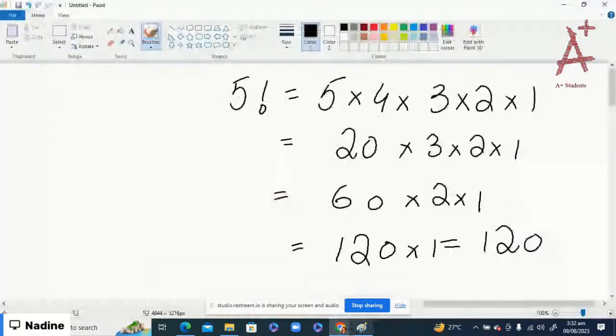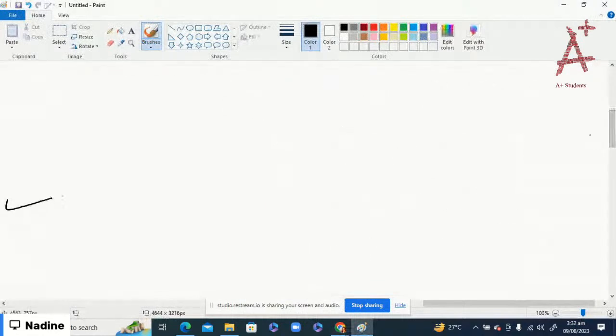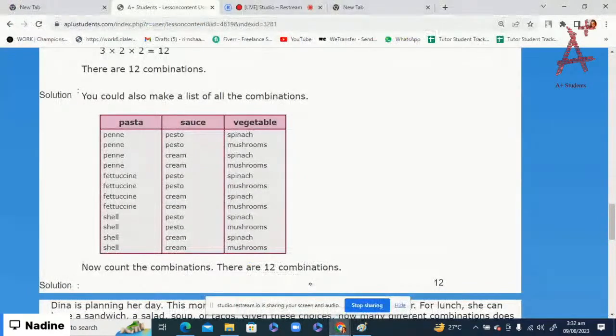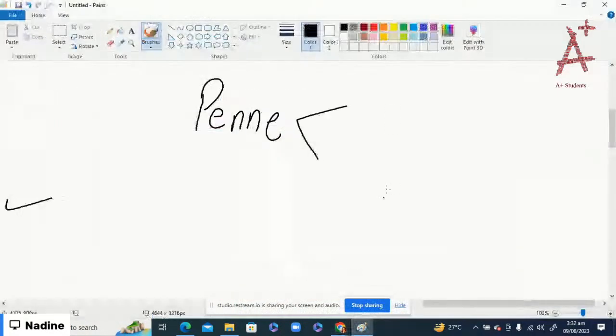Because look, if you want to write one, here are basically two flavors. How many sauces? Two. Look, pesto and cream.